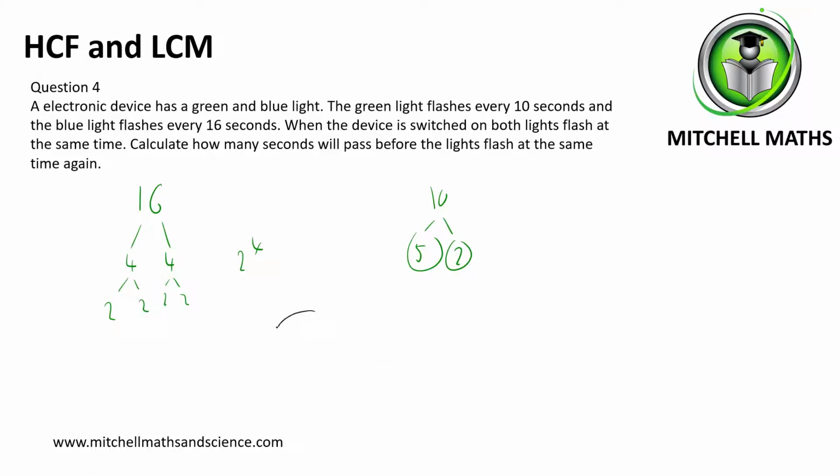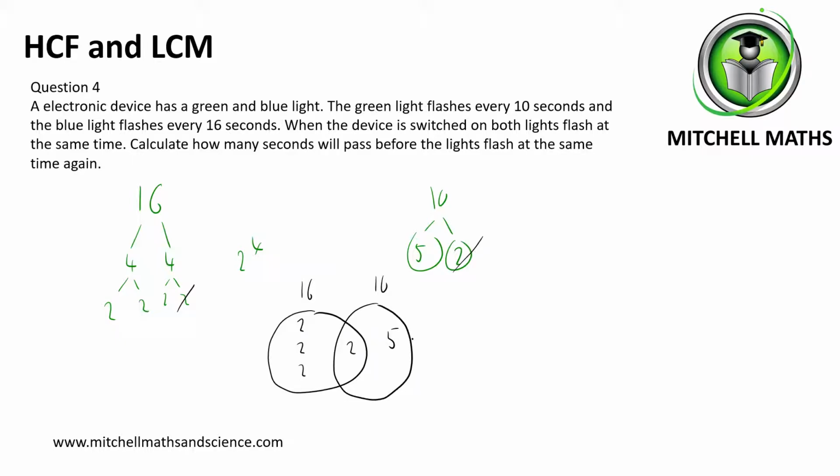Therefore, if I do the Venn diagram, 16 and 10, a 2 occurs in the middle. And then for 16, I've got 1, 2, 3, because I've got 3 extra 2s. And for the 10, I've got an extra 5.